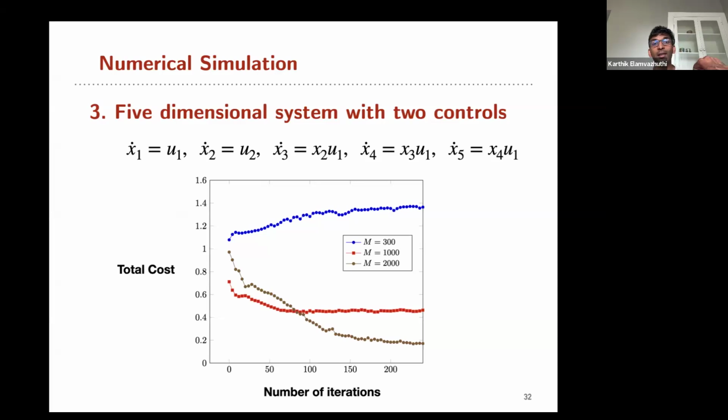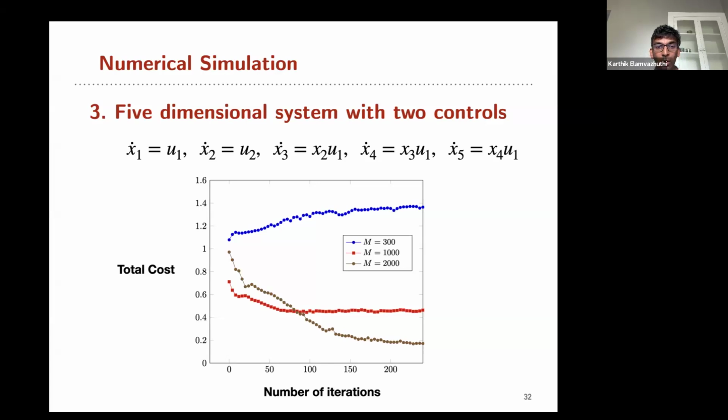By the way, for both of these systems, this 5-dimensional system and the unicycle model, it's challenging to use methods such as constructing Lyapunov functions to stabilize them, because of inherent problems in the geometry of the system, right? So these are also challenging from a classical control point of view. But here you can see that we can stabilize it.